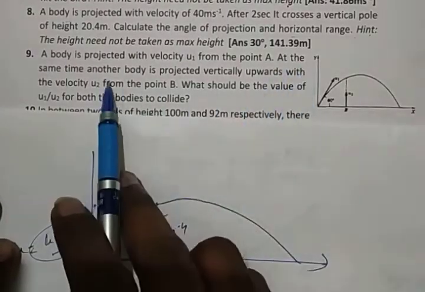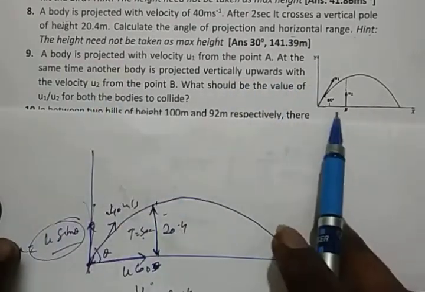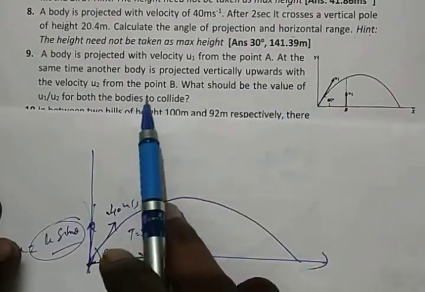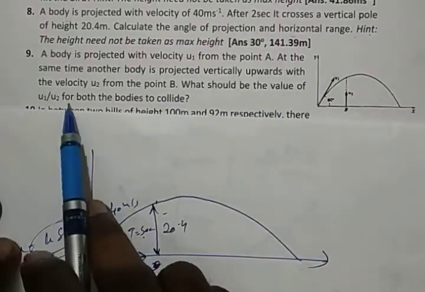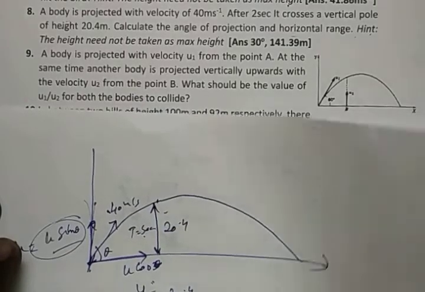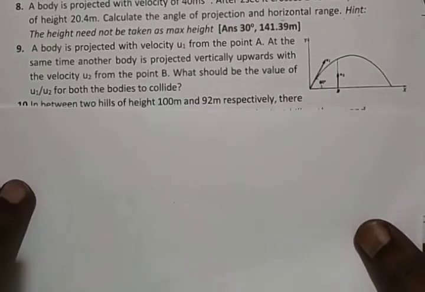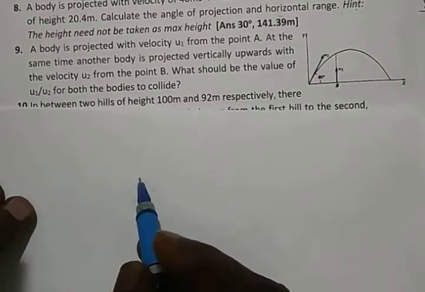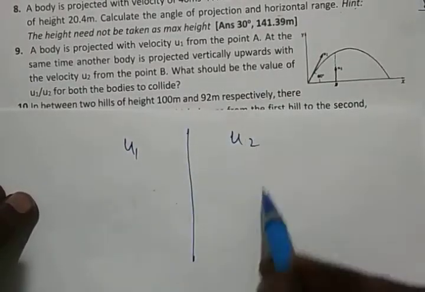At the same time, another body is projected vertically upwards with a velocity u2. Another body is going up from a point B. What should be the value of u1 upon u2 so that both collide? Both of them are going to collide. Now the simple format is, there are two ways: one is u1 and the other is u2.